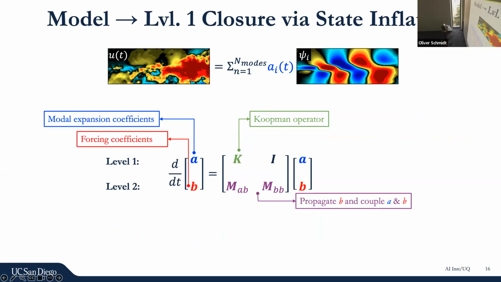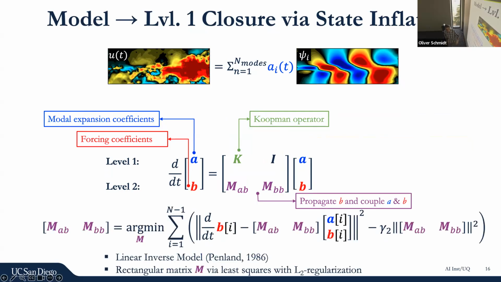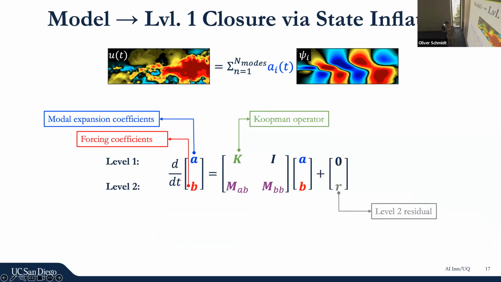We don't know much about the residual, so why not just add it to the state, inflate the state, and also propagate it by two propagation matrices that we will identify in exactly the same way as the Koopman operator, least squares, L2 regularized. This is sometimes called the linear inverse model by Penland. So then it looks like this. We have the inflated space, and we also have to compute these two matrices from the data.